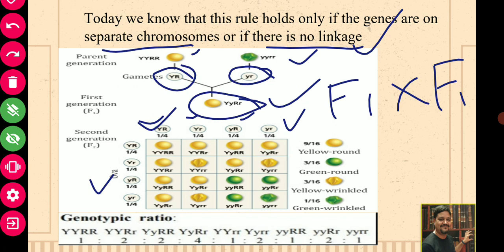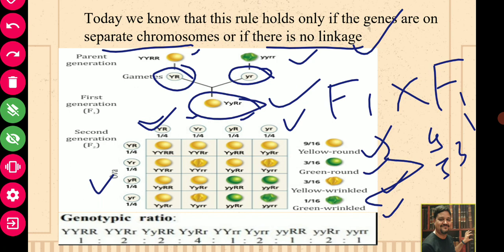So he tried to predict the frequency, or he observed what phenotype he can get. He found that a total of 4 phenotypic classes he obtained: yellow round, green round, yellow wrinkled, and green wrinkled, and that ratio was 9:3:3:1. So in this way he conducted the experiment and obtained the ratio 9:3:3:1.